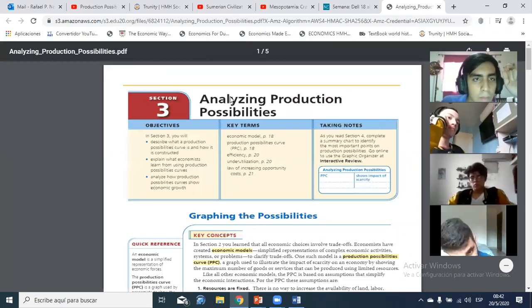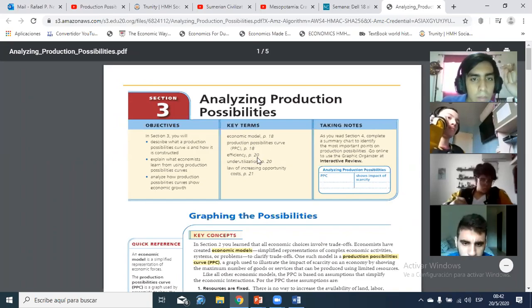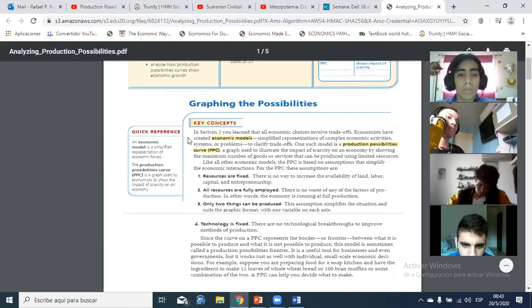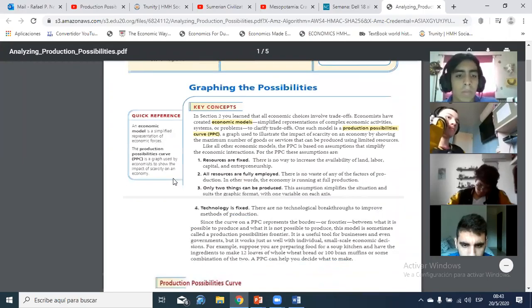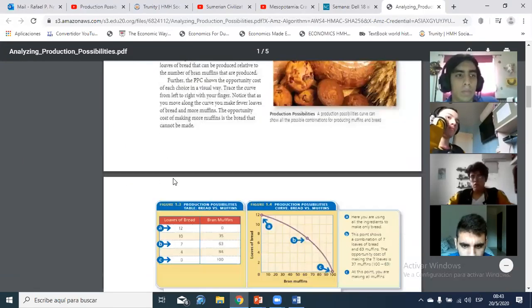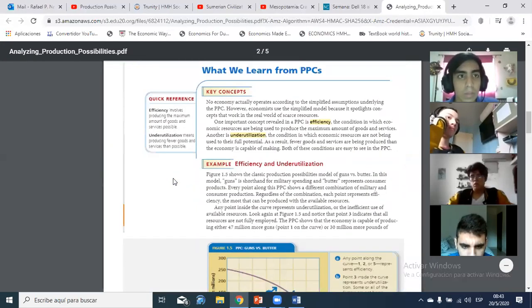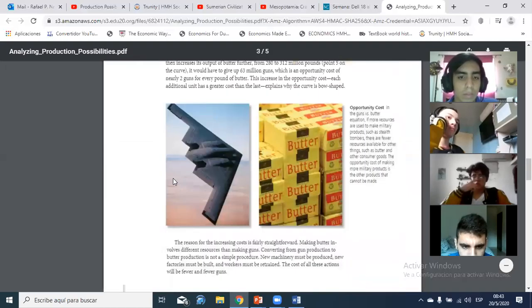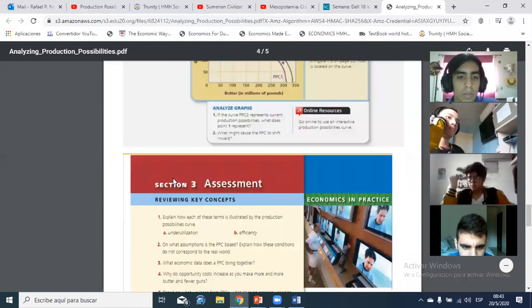This is the topic, remember, analysis production. Over here are the key terms. These are the vocabularies. So you have to write the title in your notebook and then the vocabulary. And all the answers are here, as you see over here in this area. You'll find all the answers for those vocabularies. So you have everything handy, okay? You don't have to look it up.